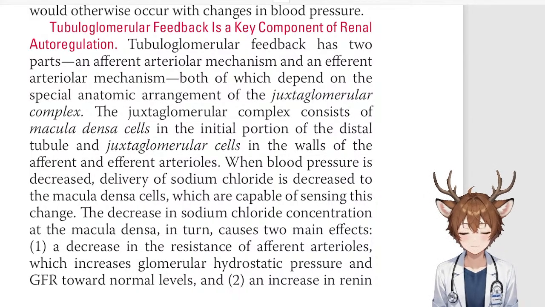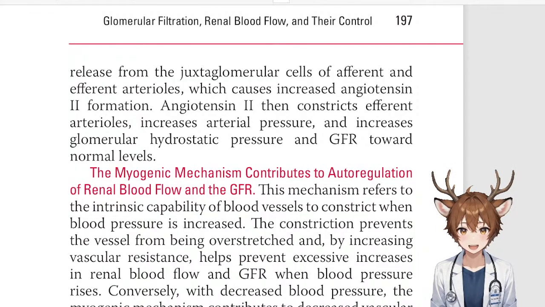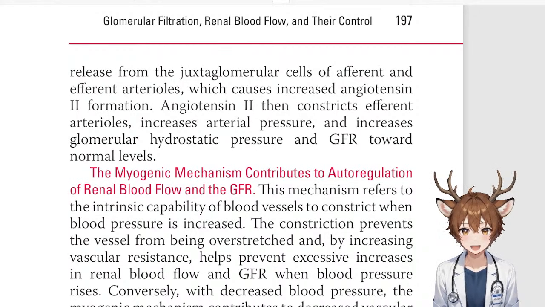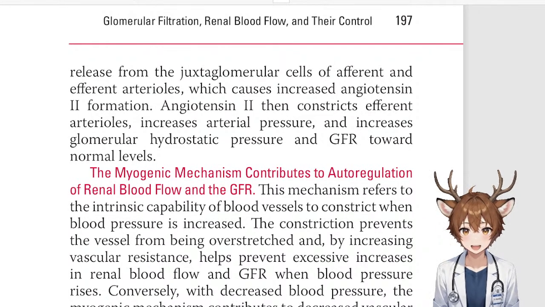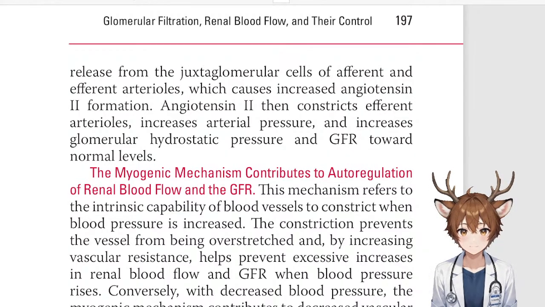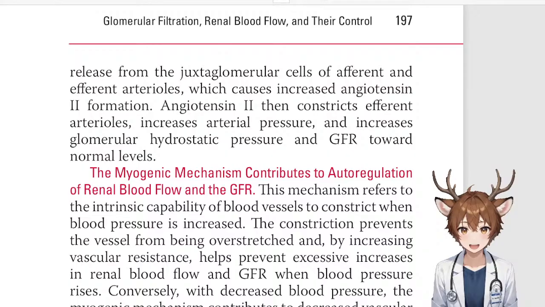And two, an increase in renin release from the JG cells of afferent and efferent arterioles, which causes increased angiotensin II formation. Angiotensin II then constricts efferent arterioles, increases arterial pressure, and increases glomerular hydrostatic pressure and GFR toward normal levels.